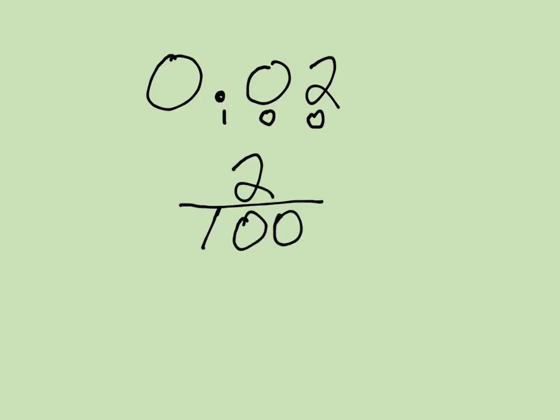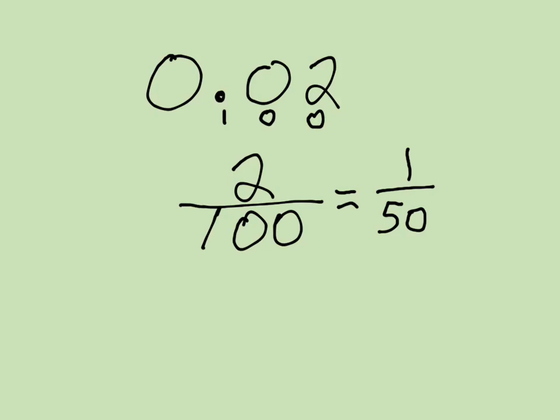Well, that's just 2 over, and then I'm going to write little secret numbers here, 100, because the 1 is the decimal, and then a 0 for each place. 2/100ths, which simplifies to 1/50th, because 2 goes into both the top and bottom, numerator and denominator, and I get 1/50th. So 0.02 simplifies as a fraction to 1/50th.